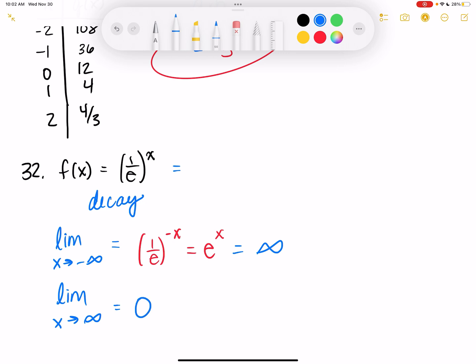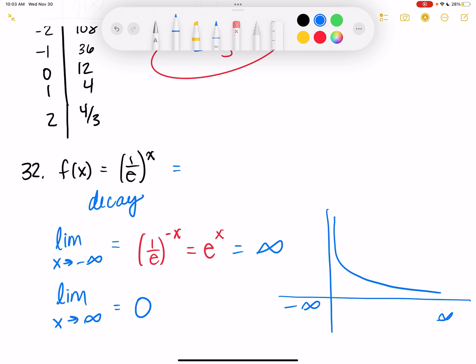So with exponentials, one end should always be at infinity and one's going to be 0. A decay function looks like this: starts big, gets small. So this is at negative infinity over here, and this is at infinity over here. It would be graphed something like that.